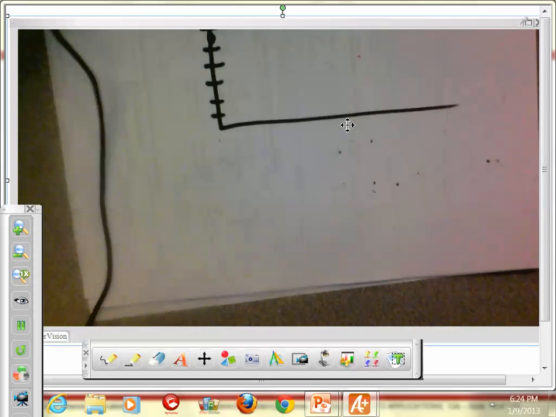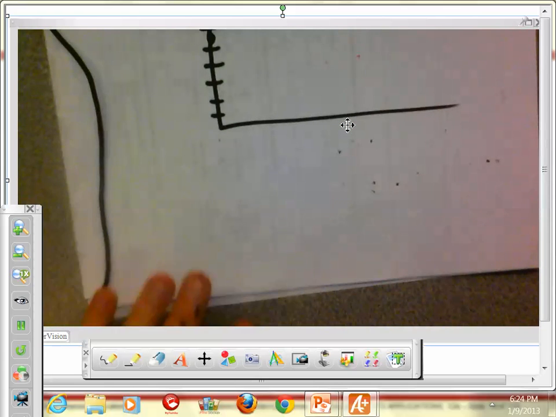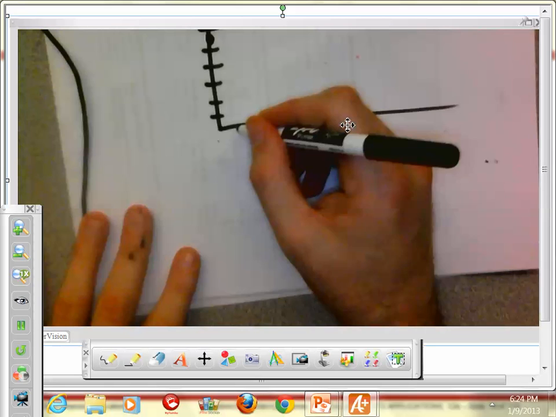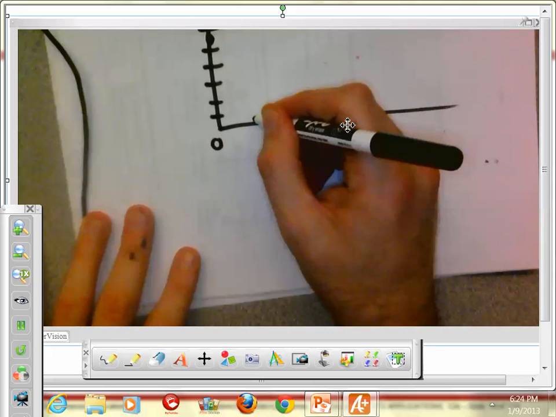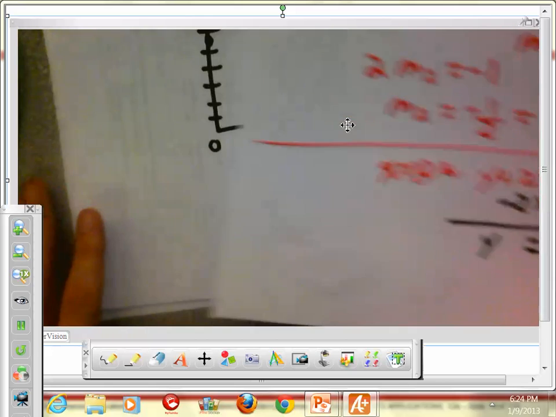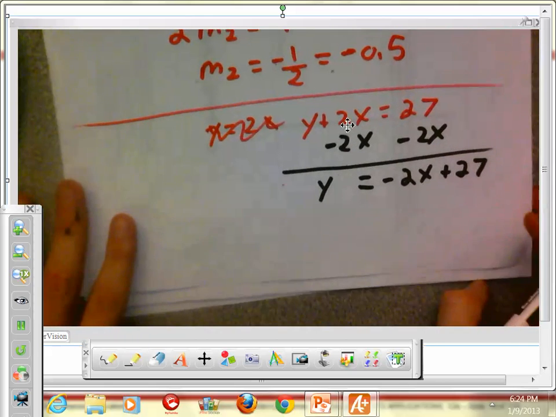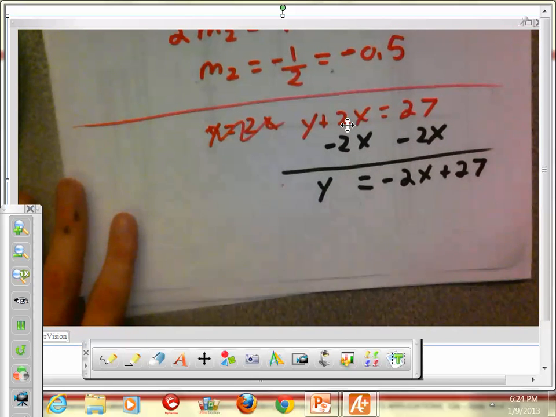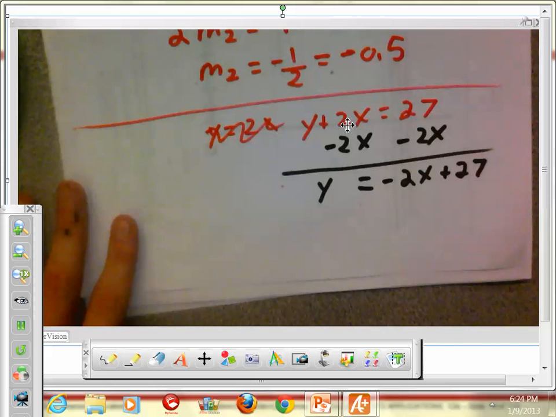Now if we go forward in the x direction to 1, then we're just going to decrease by how many? So if we go forward 1 in the x direction, how many are we going down? What's my rate of change? -2.